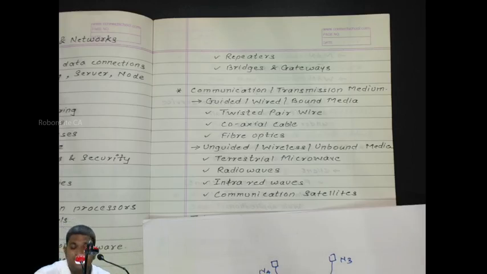That is called guided. It is also called wired. Why wired? If you are guiding, then there has to be someone to guide, and that someone is nothing but a wire. It is also called bound media, meaning through some physical channel. That is the first type of transmission medium, guided or wired or bounded.